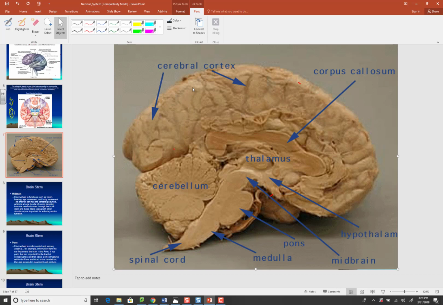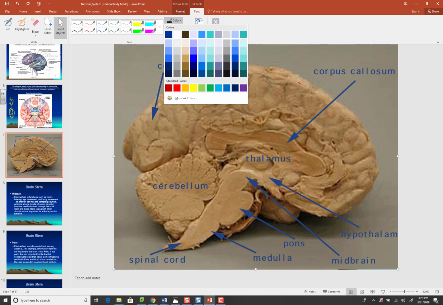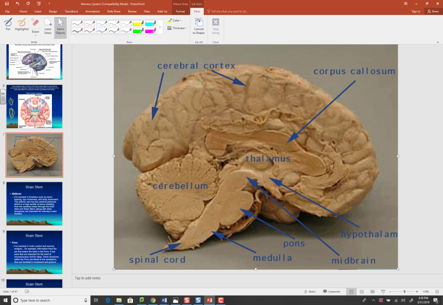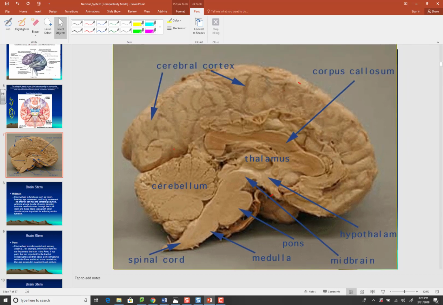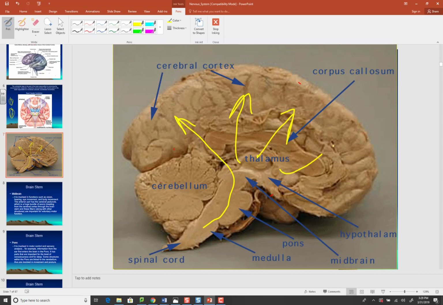Now again, the nervous system controls the minute-to-second changes that occur in the body in an attempt to maintain homeostasis. As you move from the lower parts of the brainstem, where the spinal cord connects, to the upper parts, the cerebral cortex, the functions become much more complex.